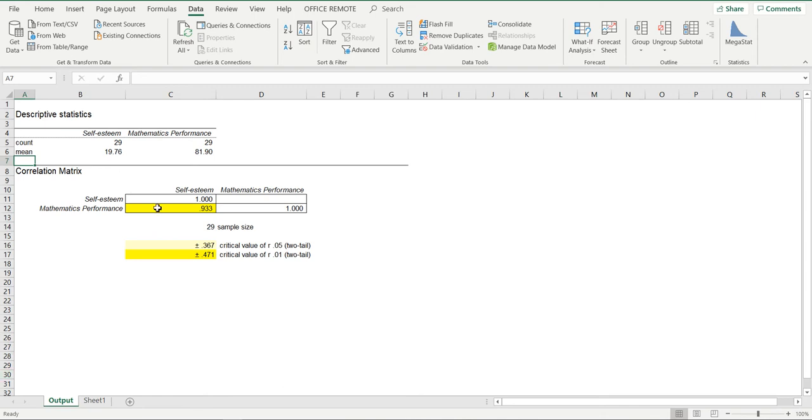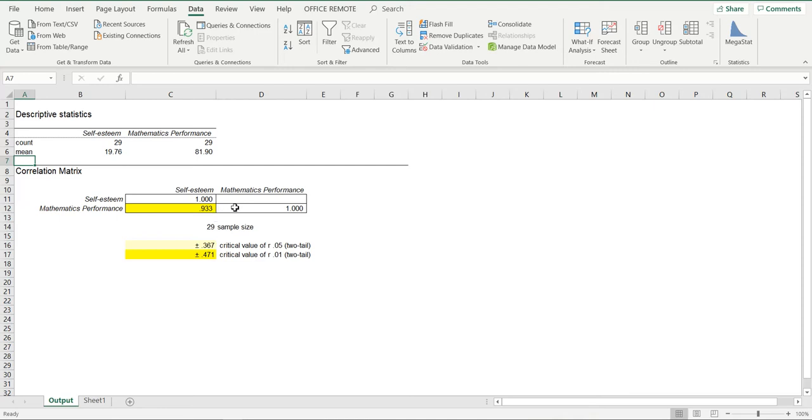If the color of the cell is similar to this one, something like flesh color, this means that the coefficient in the correlation matrix is significant at the 0.05 level of significance.